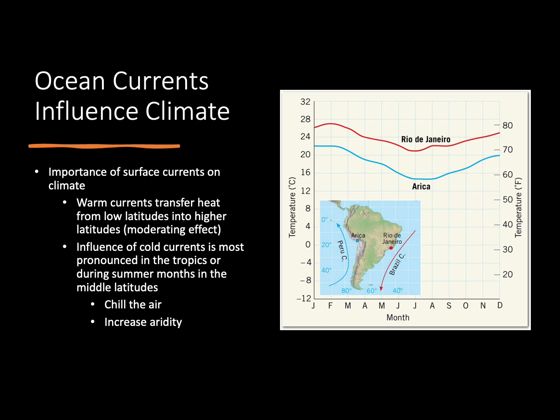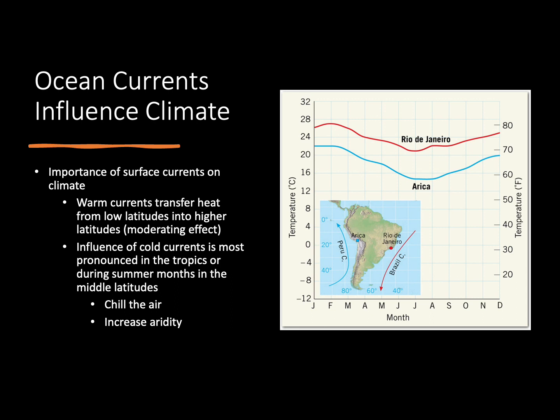So it takes warm water and takes it into colder areas. And we see the exact opposite happening with our cold currents. Most of these start out in our high latitudes, like our polar regions, and then move towards our tropics or the equator. So they're bringing cold water towards warmer areas of the ocean.